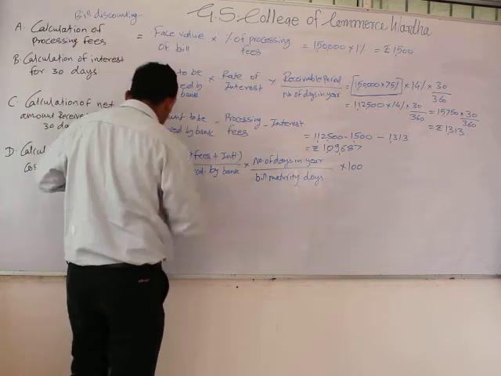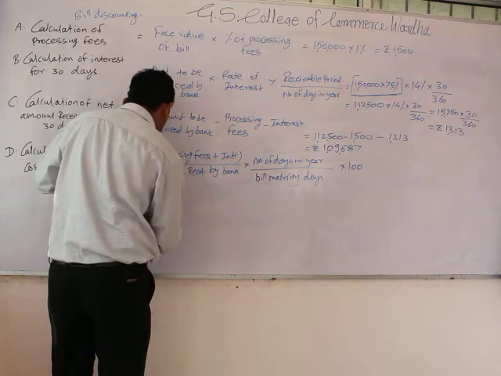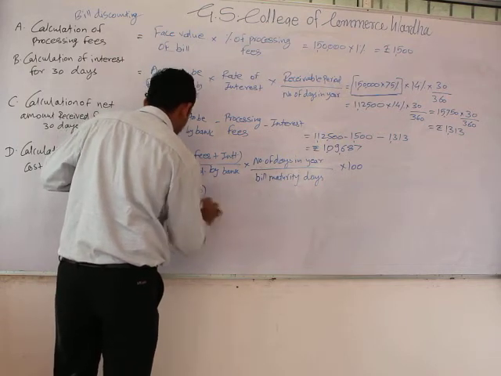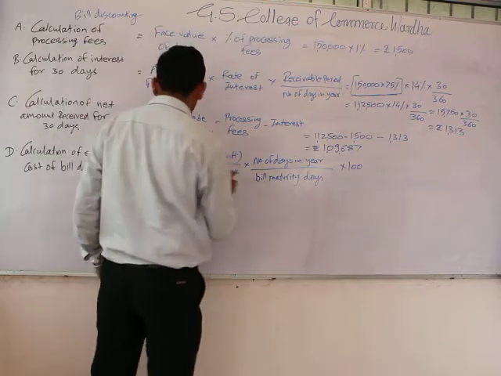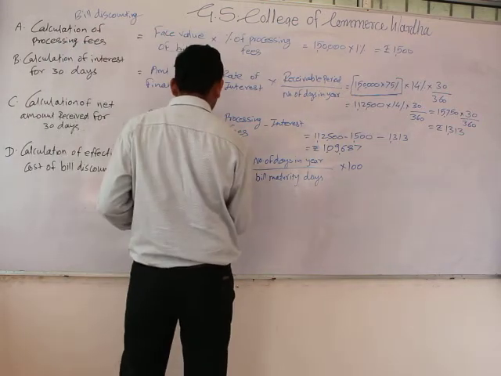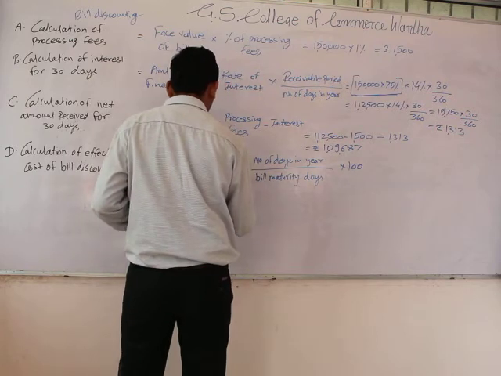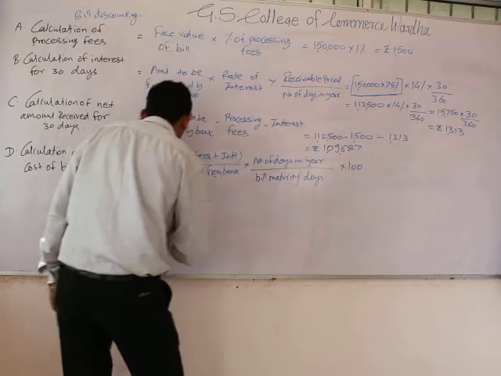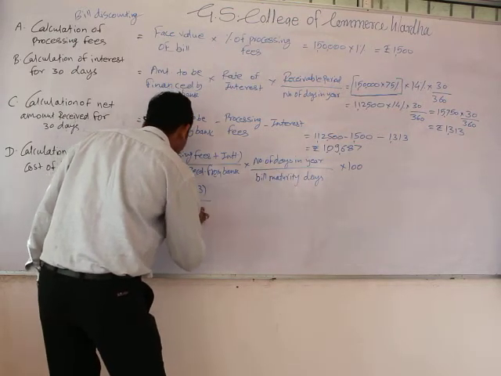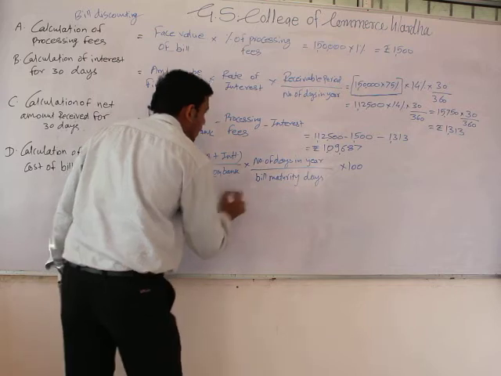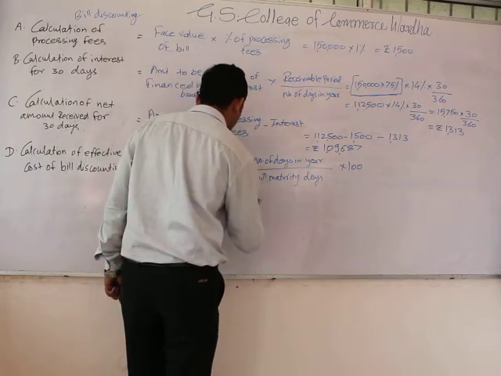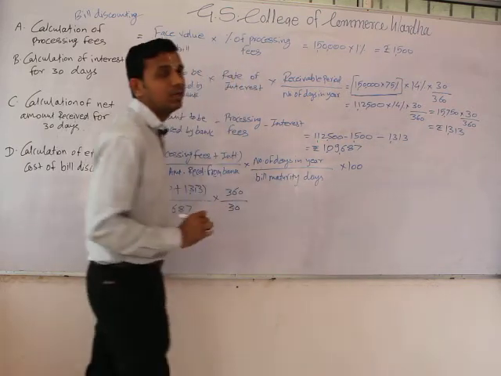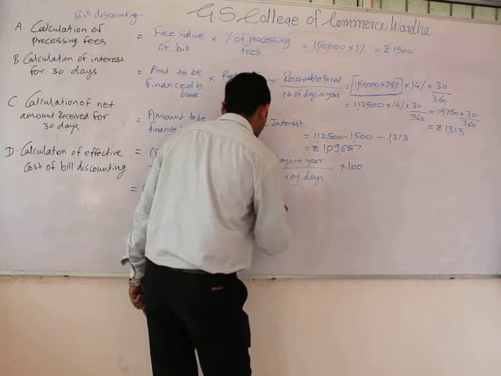We have calculated processing fees 1,500 plus interest charges 1,313, divided by net amount received from bank, which was 1,09,687, multiplied by number of days in a year. We have assumed 360 days in a year, divided by bill maturity days. We have said that bills will mature in 30 days, multiplied by 100.